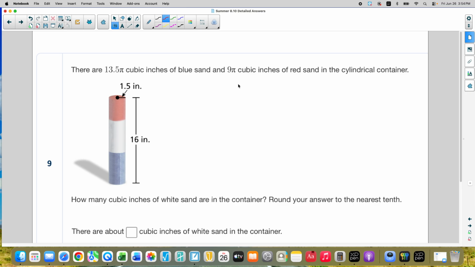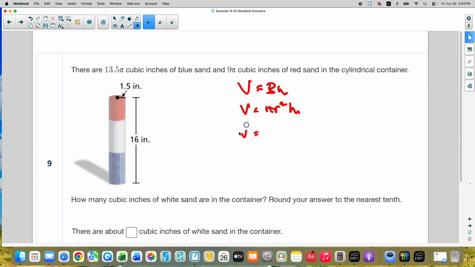So let's do this in red. Volume equals base times height. Volume equals pi r squared times the height. I see what they did. Well, I'm solving for height. That's what I'm doing. Yeah, I think this is okay.